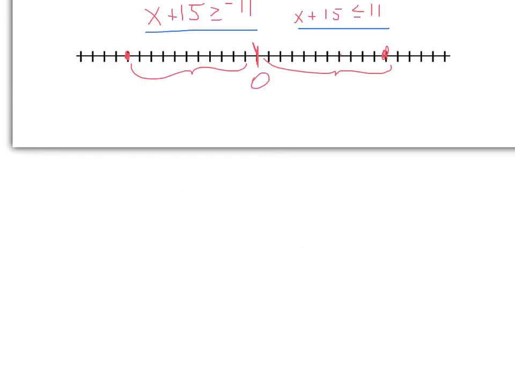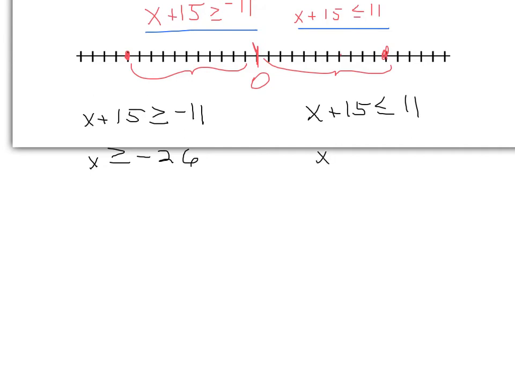Okay, so if x plus 15 is greater than or equal to negative 11, then when you subtract 15 from both sides, you get that x is greater than or equal to negative 15 minus 11, which is negative 26. And if x plus 15 is less than or equal to 11, you subtract 15 from both sides, and x is less than or equal to 11 minus 15, or negative 4.